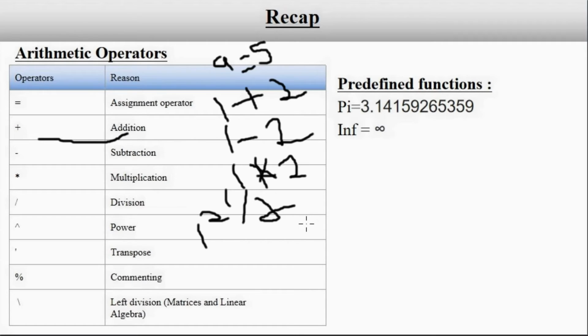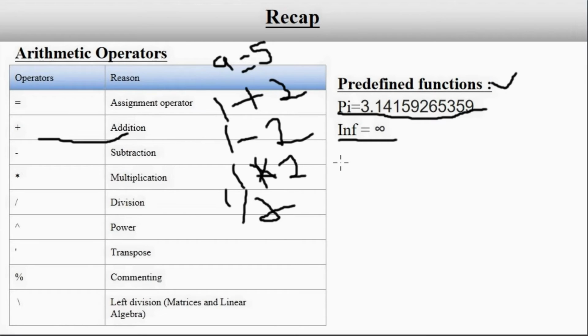We also saw some predefined functions like pi. Pi gives value of 3.1416, and INF stands for infinity. So in this video we are going to see some operators like caret, single quote, percent, and backslash.